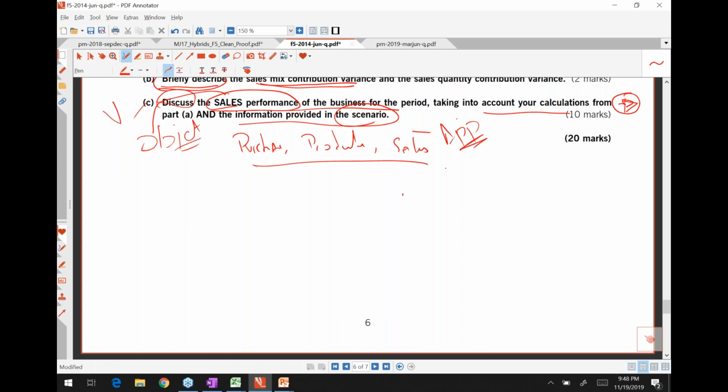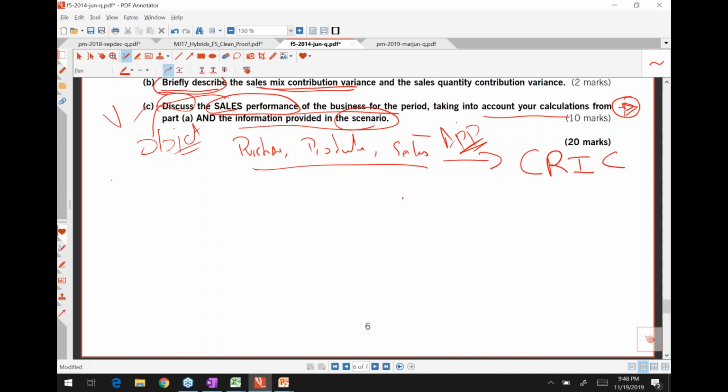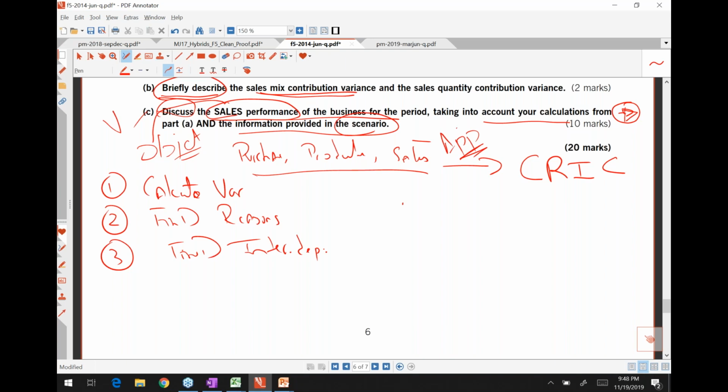Whenever you are required to assess the performance of the managers, use a million dollar technique. And what is that? That is CRIC. CRIC means: calculate variance; number two, find reasons; third, find interdependence; four, conclude.